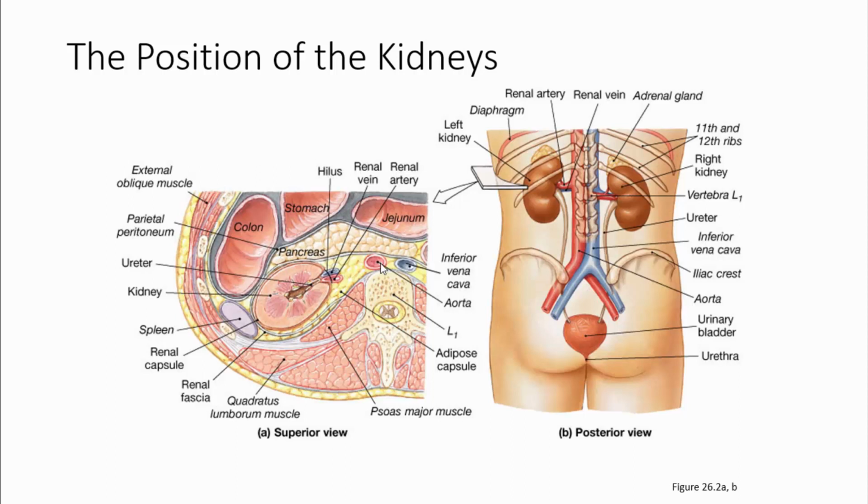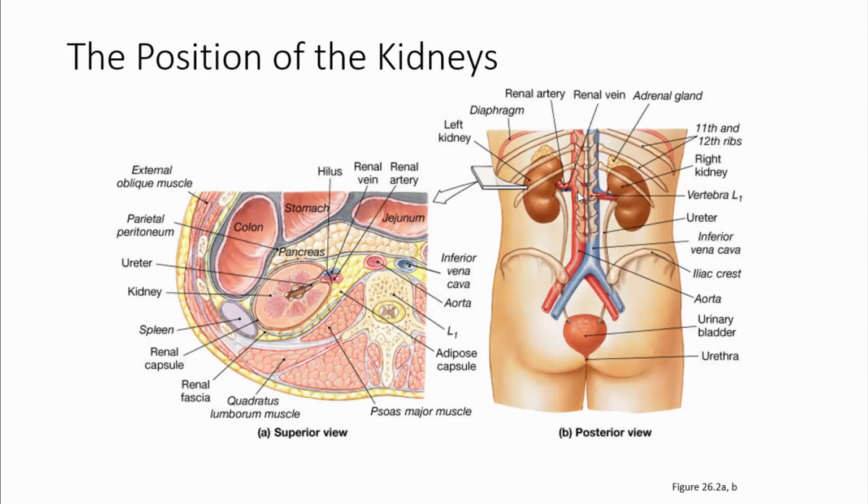Here you can see the aorta and the inferior vena cava. The aorta is going to give rise to the renal artery. The renal vein is going to cross over and hook up with the inferior vena cava. And you can see that here as well. Here's the renal arteries. Notice the left one's a lot shorter.